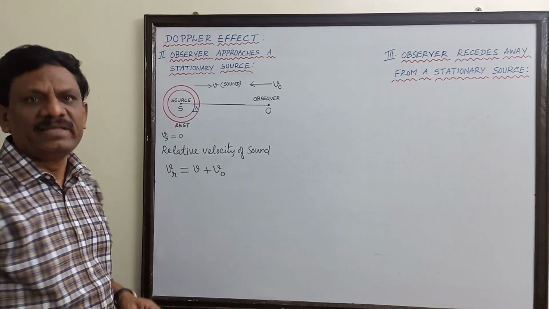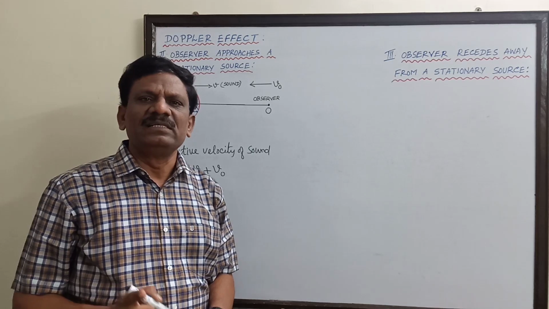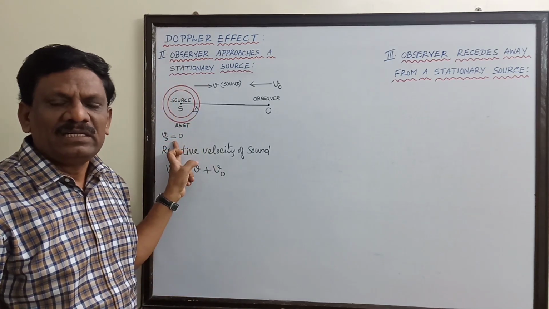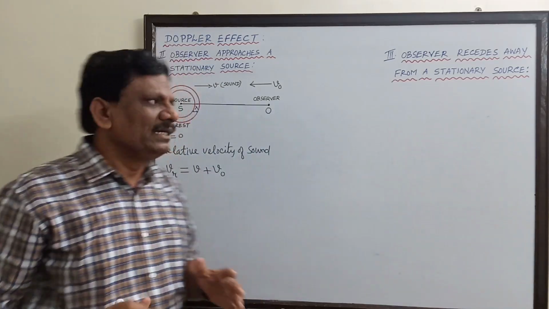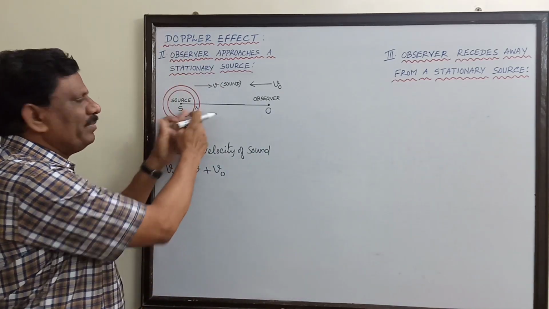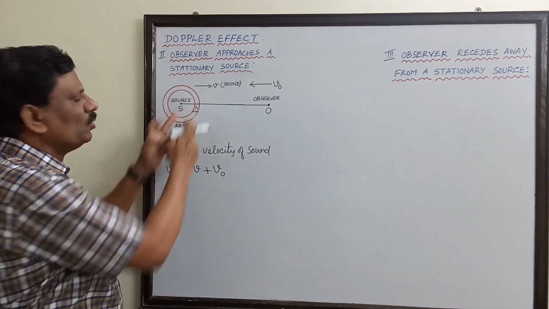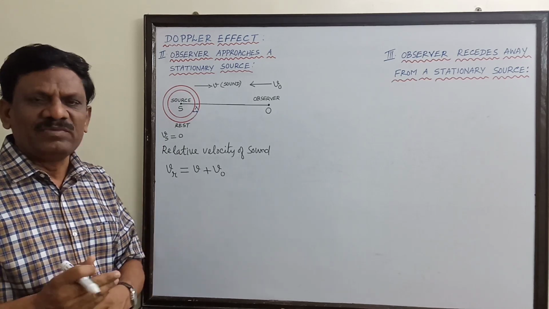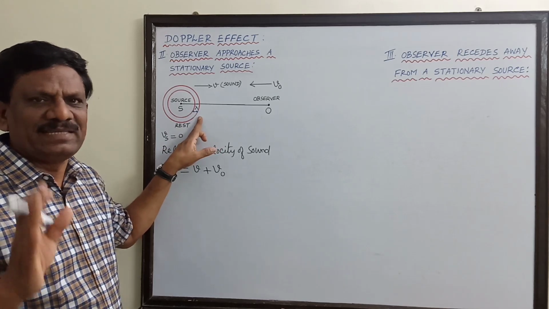This is the relative velocity. Understand that? But in this case, still the source is at rest. It is continuously emitting the waves, that's all. The wavelength will still be the same lambda, because the distance between two consecutive compressions or rarefactions will be the same. So the wavelength is not going to change.